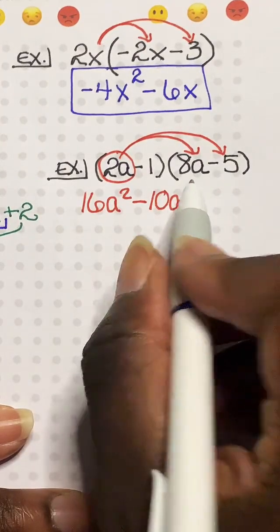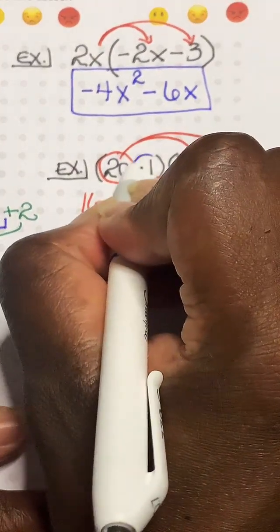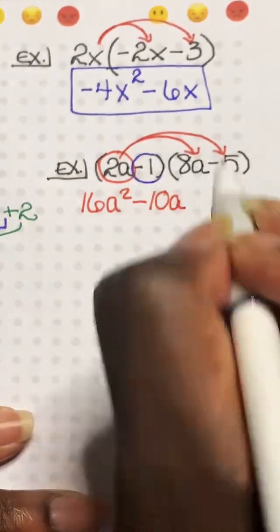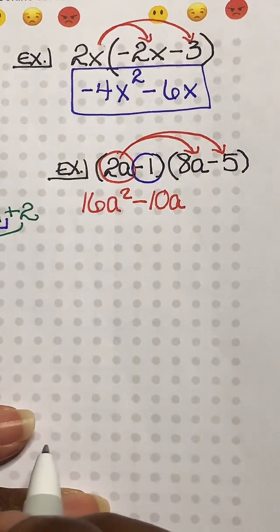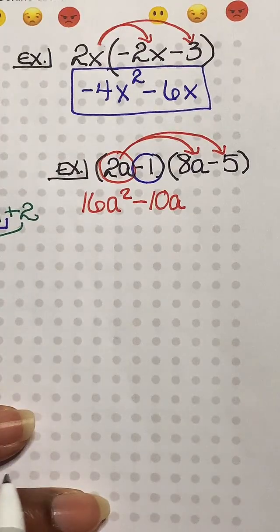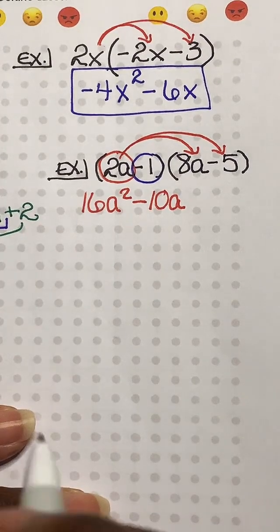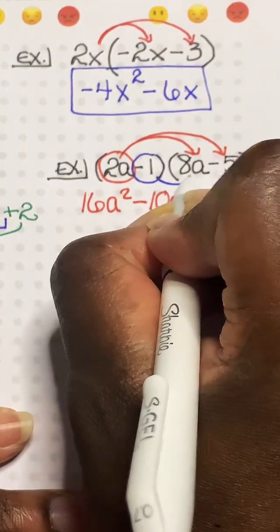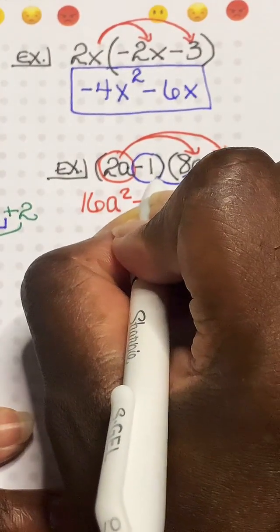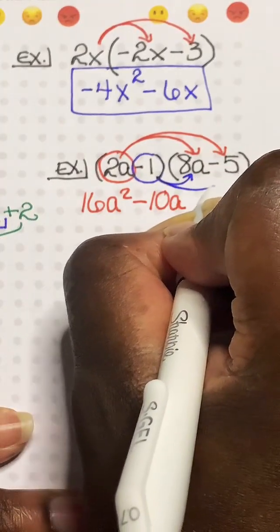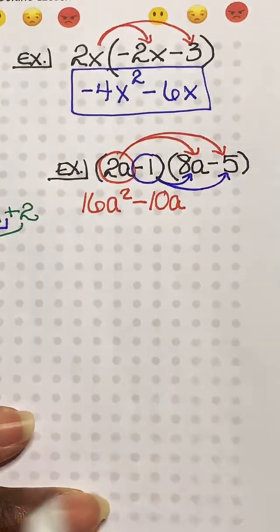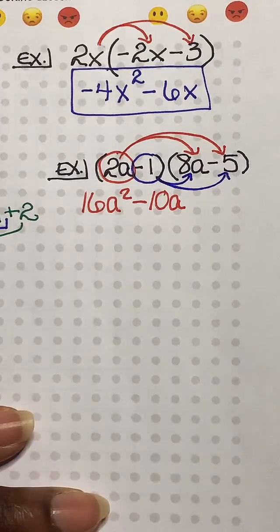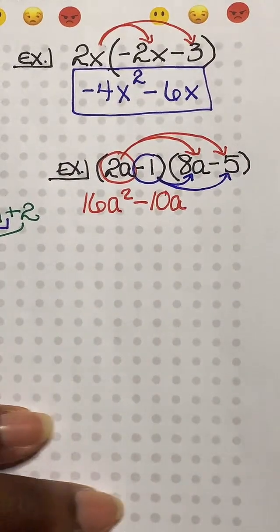So now we're going to take our negative 1. This time we're going to distribute that negative 1 to everything in that second parenthesis.